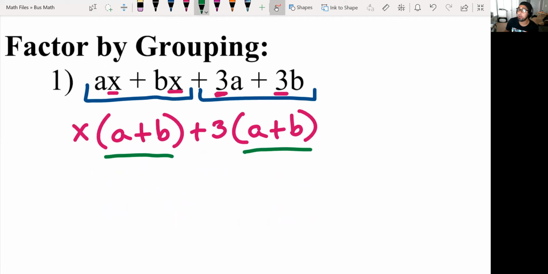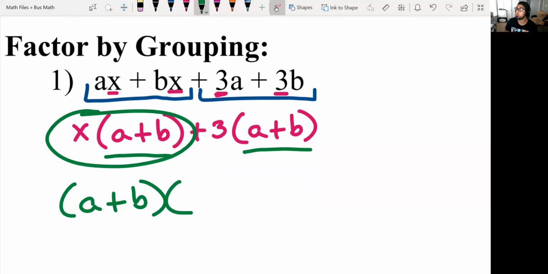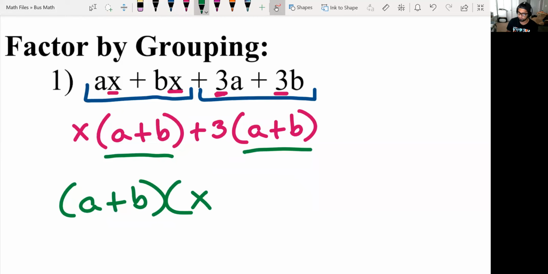Which means when you factor it out, you'll get a plus b times whatever is left over. We take a plus b from x times a plus b, and that'll just leave me with x.